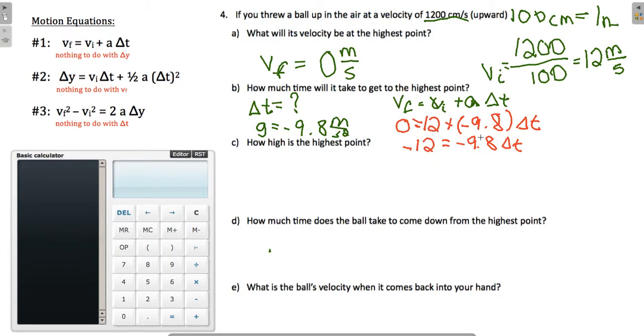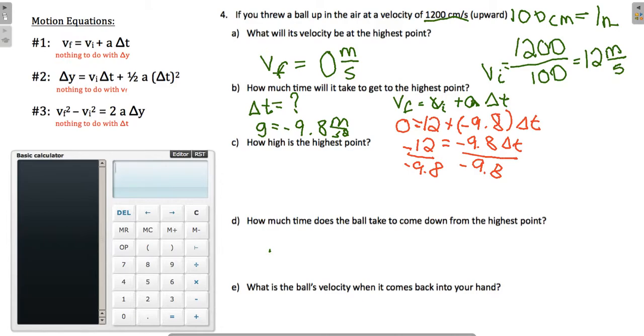Okay, our last step is just to get rid of that negative 9.8. So what we're doing is we're taking a negative 12, we're going to divide by 9.8 on each side. Sorry, it should be negative 9.8. Because that gets rid of it over here.